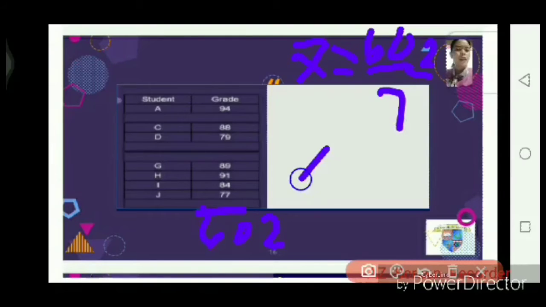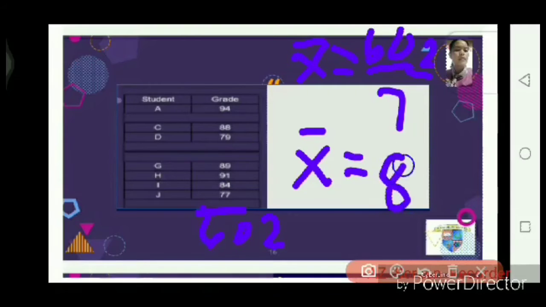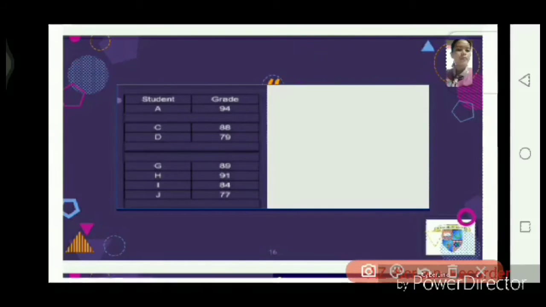So therefore, our answer is 602 divided by 7 is equal to 86. So therefore, our mean here is 86. So that's all for the population mean and the sample mean.